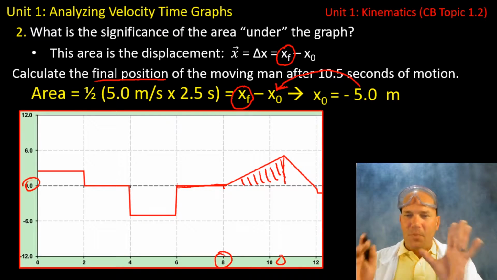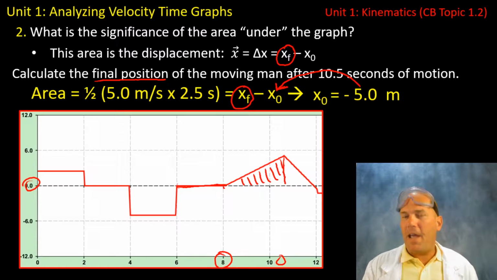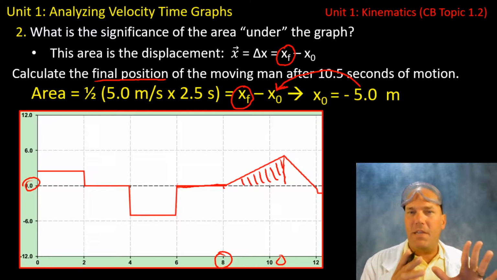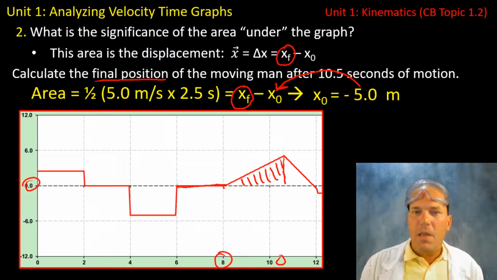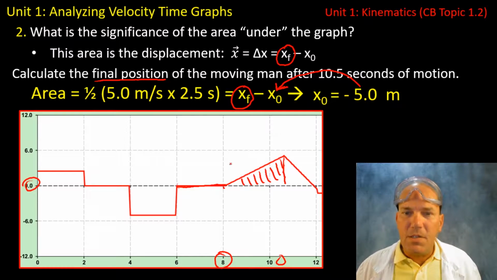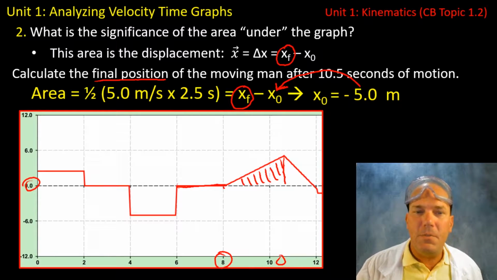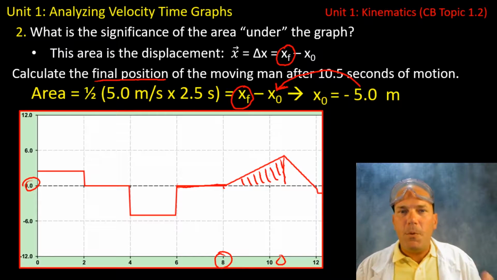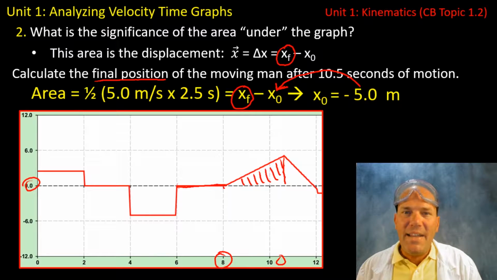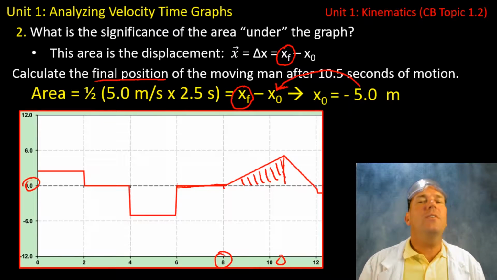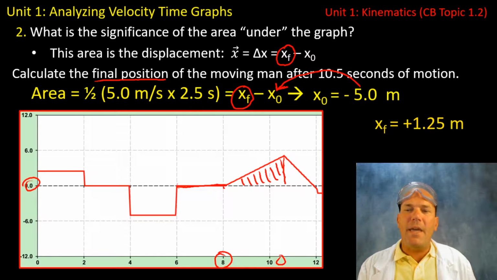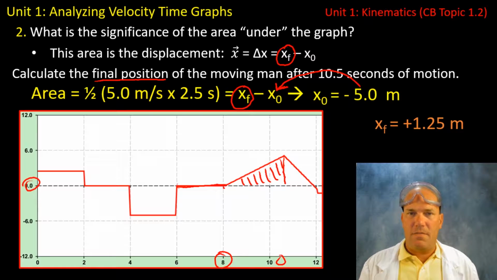So again, we have a double negative. We're subtracting a negative 5 meters. That gives us positive 5 meters. But then to solve the equation, we're subtracting 5 meters from both sides. So 6.25 meters minus 5 meters gives us our final position for the moving man at a positive 1.25 meters, or 1.25 meters to the right.